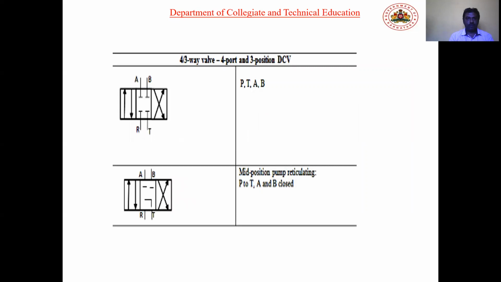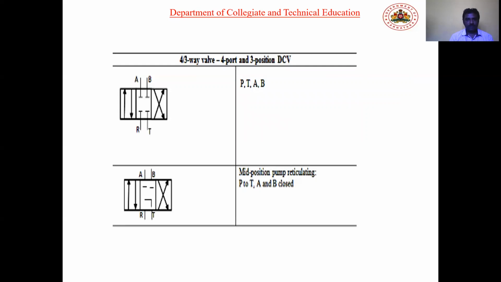Next, the 4x3 way valve, a four port, three position directional control valve. The ports are P, T, A and B. These are the ports connected to a 4x3 way valve, which has four ports and three positions.